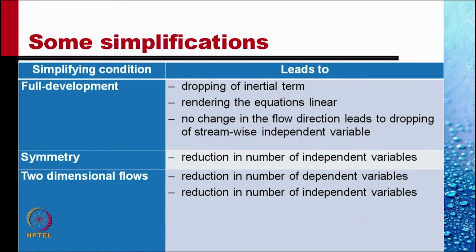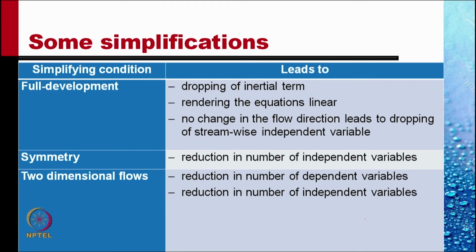So let's summarize these simplifications. The full development means dropping off the inertial term in the Navier-Stokes equation, rendering the equation linear, because it's only the acceleration, the inertial term, that contained the nonlinear portion v dot del v.